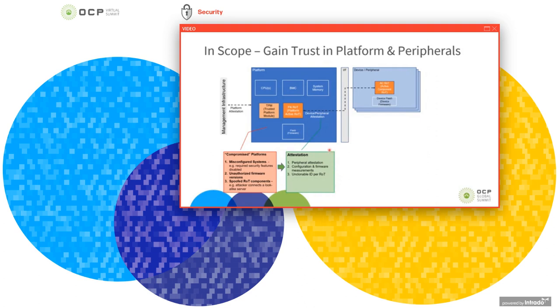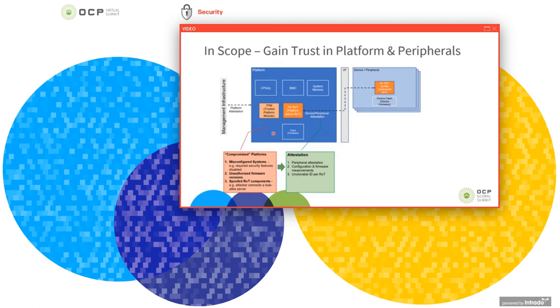The attestation spec details the concept of how to do peripheral attestation, how to know that all peripherals are properly configured, how to know the system is properly configured, obviously. It basically is based on the concept of taking measurements of firmware, of configuration data.